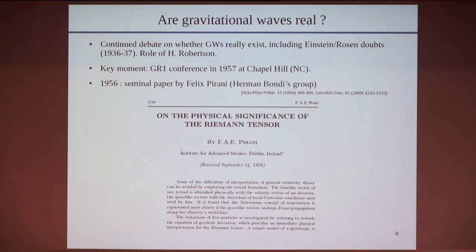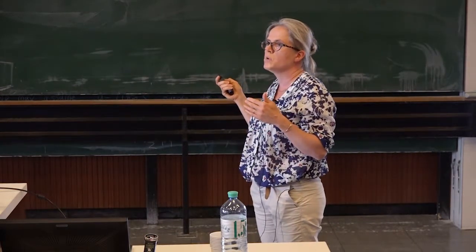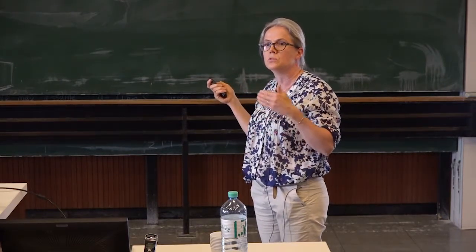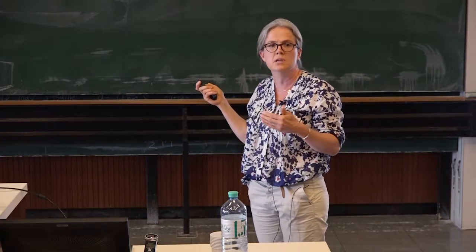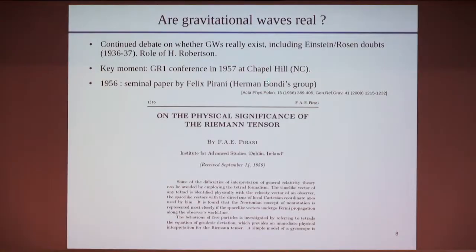That means that between 1916 and the 50s, there were no real experimental attempts to detect gravitational waves, or discussion about possible sources and things like that. So a really important moment in the domain was the 1957 conference, the third GR conference in Chapel Hill in the US.